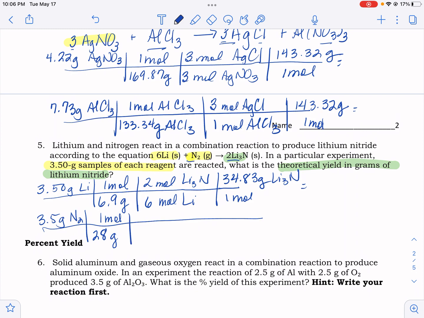Our ratio here is going to be 2 to 1, 2 moles of lithium nitride to 1 mole of nitrogen gas. And once again, we'll use lithium nitride's molar mass to calculate how much that amount of nitrogen would make. Okay, the smaller one is the maximum amount you can make.